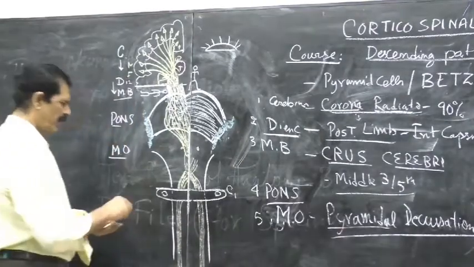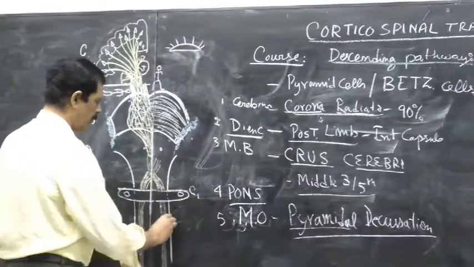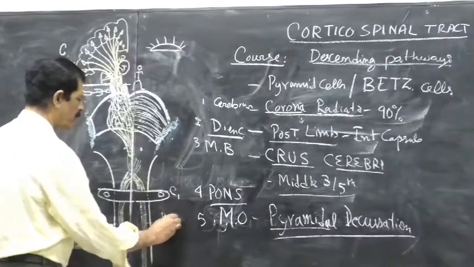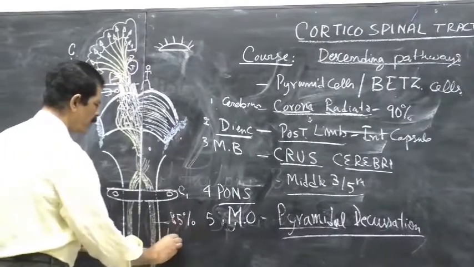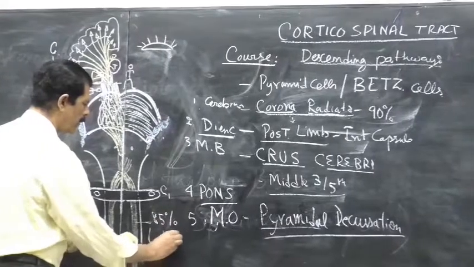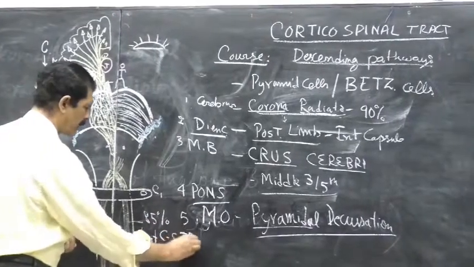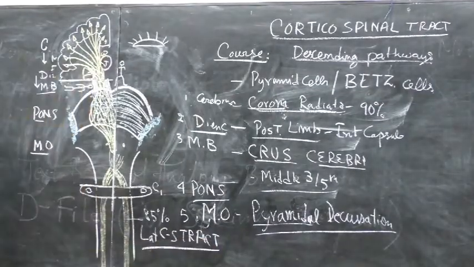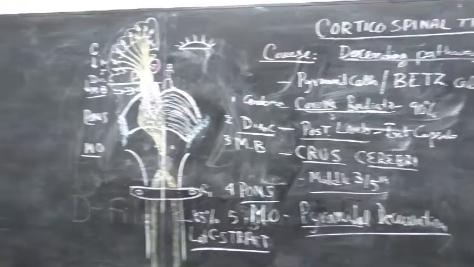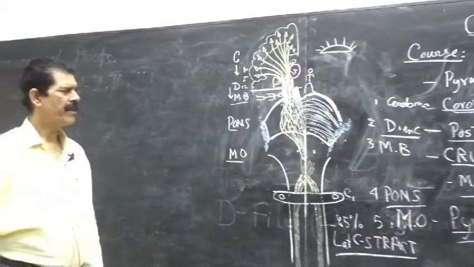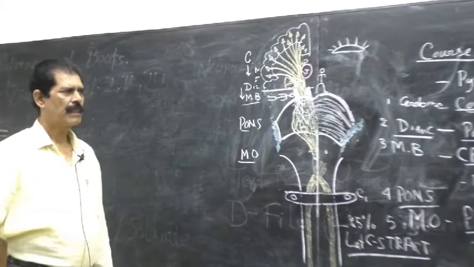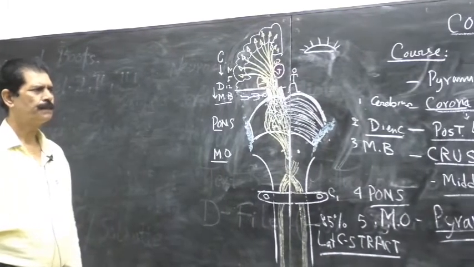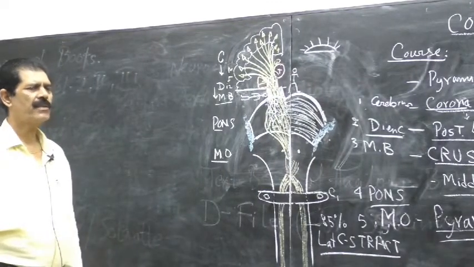So these 85% crossed fibers form the lateral corticospinal tract. They form the lateral corticospinal tract because they are present in the lateral column of the white matter and lie medial to the posterior spinocerebellar tract.